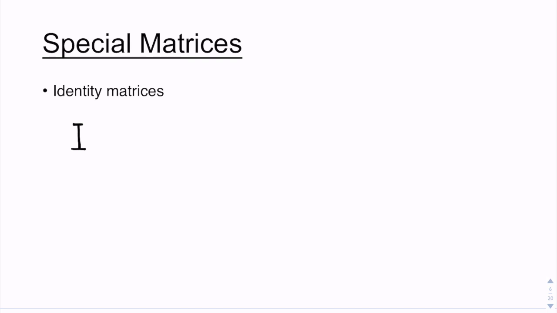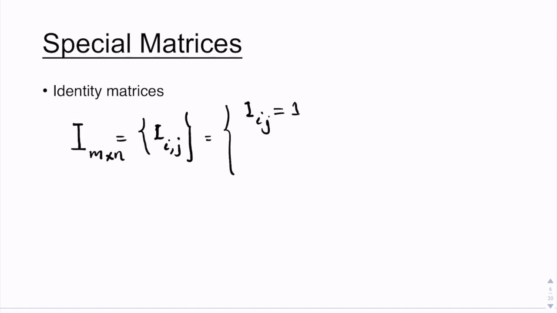And this matrix, let's say, has m rows and n columns. This is a matrix whose elements are I_ij, such that I_ij is equal to 1 if i equals j, and I_ij equals 0 otherwise.